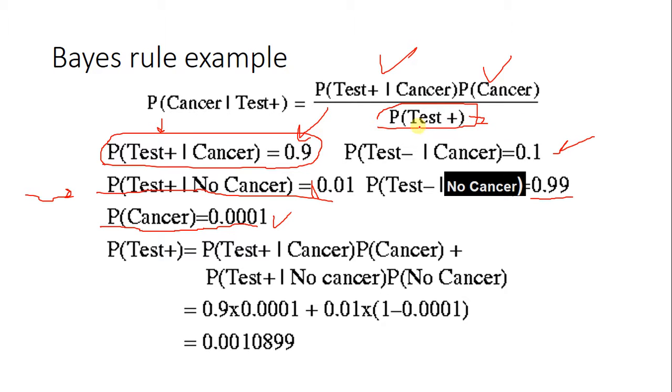Probability of test positive and cancer can be written in this form as well by using the formula of probability intersection that we discussed earlier in the video of conditional probability.